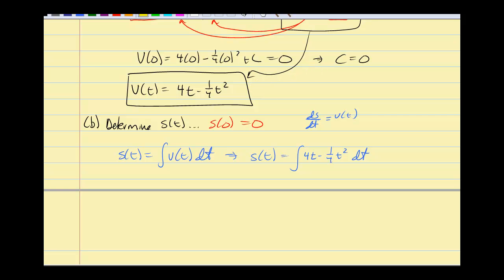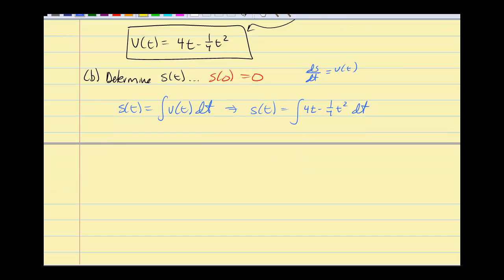So let's go ahead and integrate. We have s of t is equal to 4t squared over 2, add 1 and divide by the sum, minus 1/4 t cubed over 3 plus c. So s of t equals 2t squared minus 1/12 t cubed.